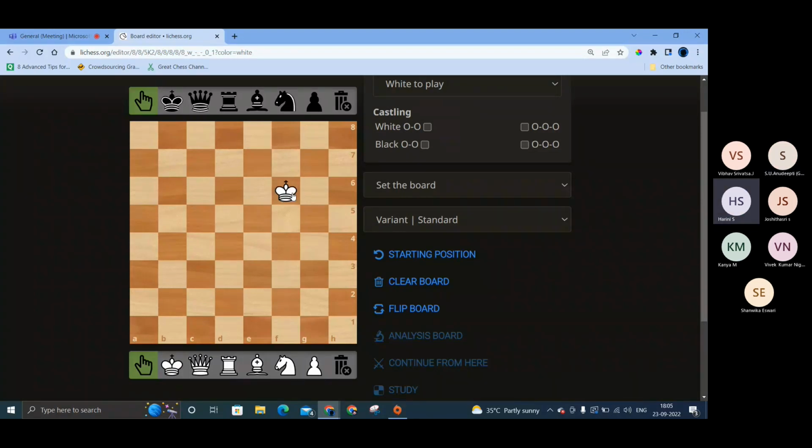Okay. So next, Vibhav, from here, where can the king move? It can move to F5. And then, who's the other kid?